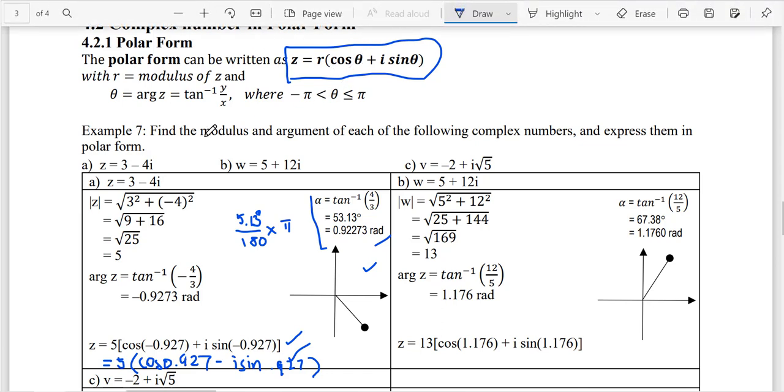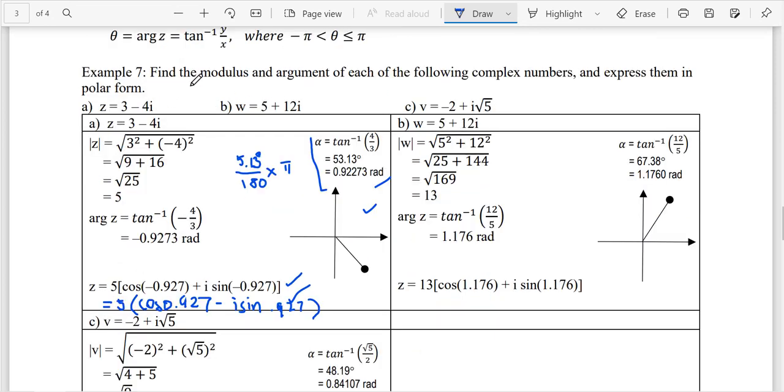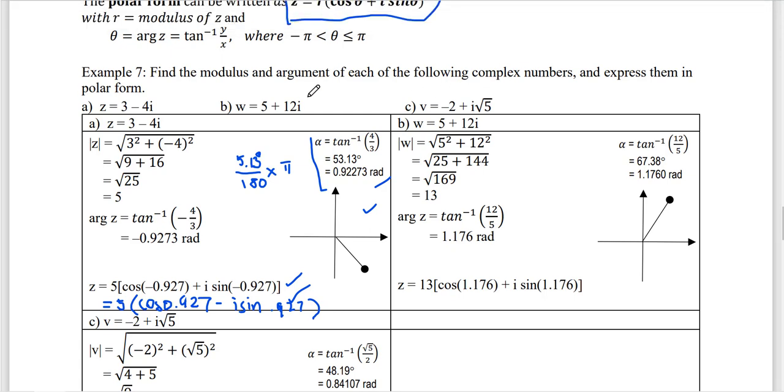Okay, so how? For example 7, they didn't ask you to draw the Argand diagram, but you need to know where it is. Roughly you need to know. Okay, first step, every time they ask you to express in polar form, remember, the first thing you need to do is find where the point is.